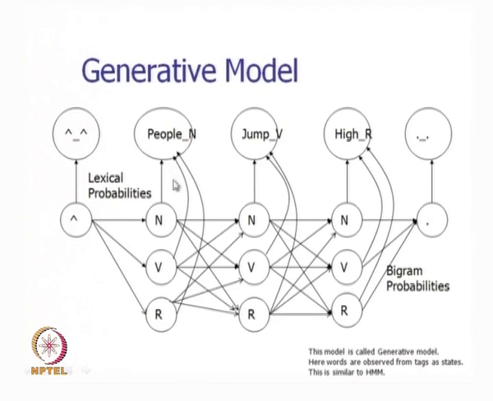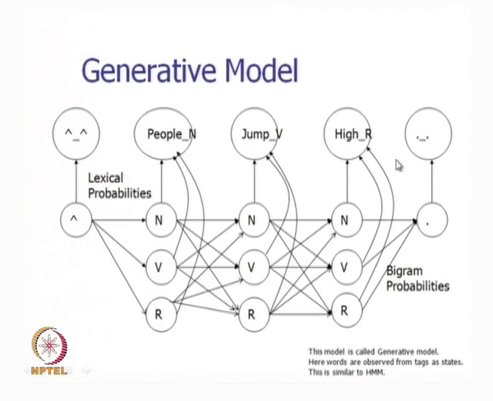You can see that only one tag is the correct tag in the context of the sentence. People is a noun, so this noun would be chosen. Jump is a verb, we choose this verb. High is an adverb, we choose this adverb, which qualifies the verb. So, people jump high would get the tags N, V, R, preceded by hat and followed by dot.